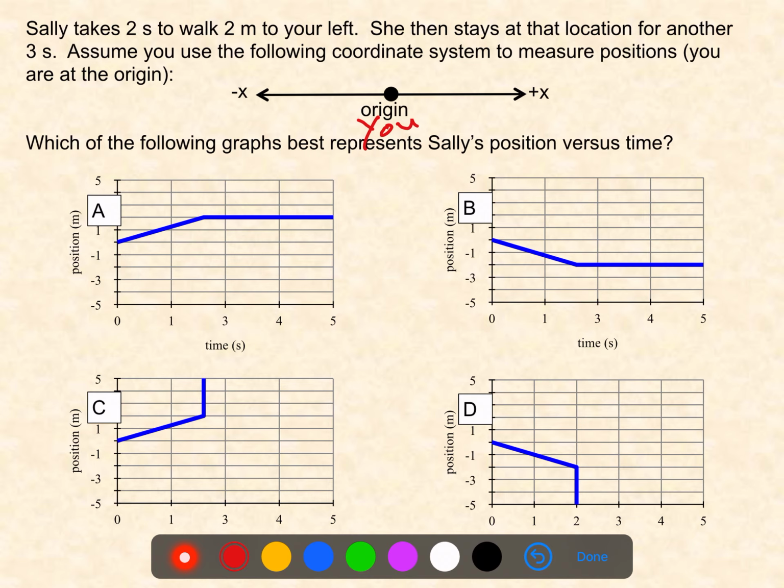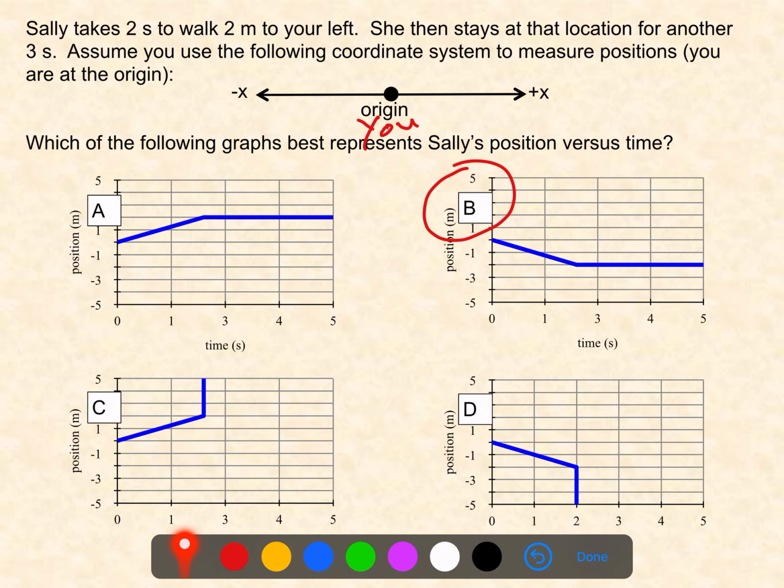Okay, so if you've thought about it, hopefully you have been able to deduce that B is the correct answer here. Why? Well, if she's moving to your left and you are at the origin here, she's moving into the negative x direction. So she's starting at the origin just like you, and her position is changing into negative values as you see here.